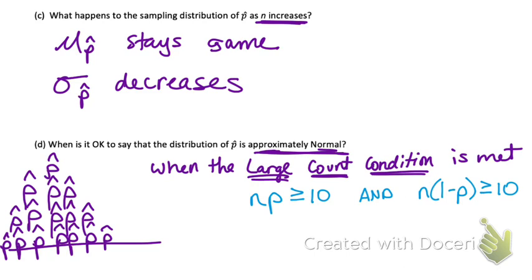So p is my population proportion. 1 minus p is the complement of that. Let's say the population proportion is 50%, the complement would be 50%. If the population proportion is 20%, the complement would be 80%. If the population proportion is 40%, the complement is 60%.